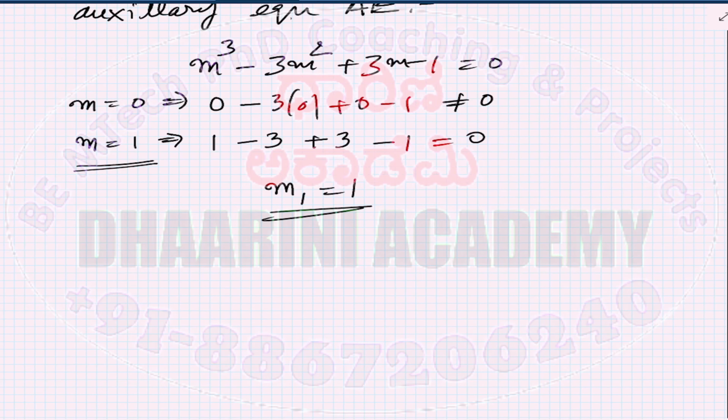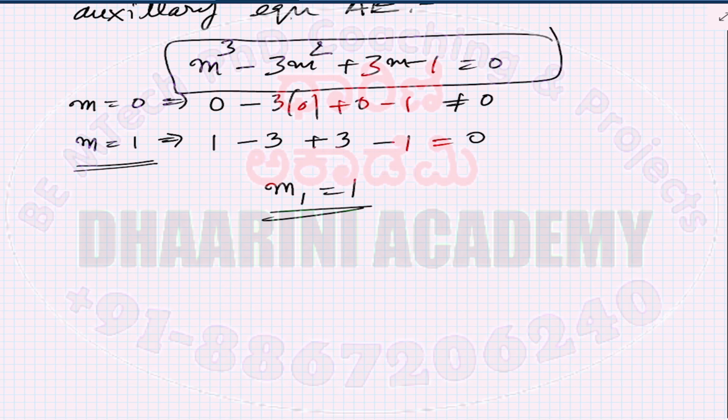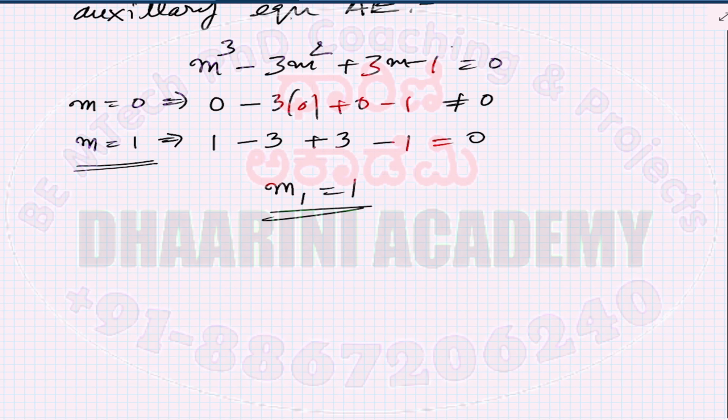Once you do that, I have to write the coefficients of the given equation, that is this. Write the coefficients. m cube coefficient is 1. Next, m square coefficient is minus 3. Write one after the other. 1, minus 3, then I have a plus 3, then I have minus 1.